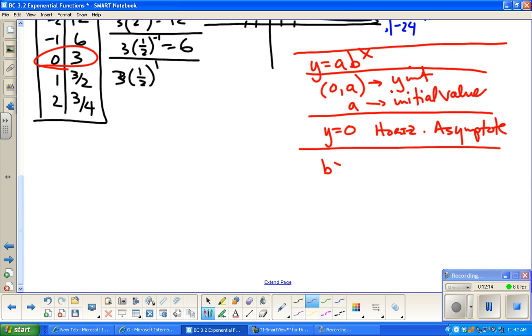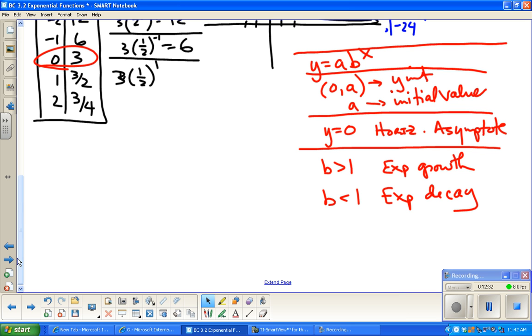If b is bigger than 1, we're multiplying consistently by a number bigger than 1, it is called exponential growth. If b is less than 1, it is called exponential decay. Now, a quick little disclaimer. Remember we said that the bases are always going to be positive.